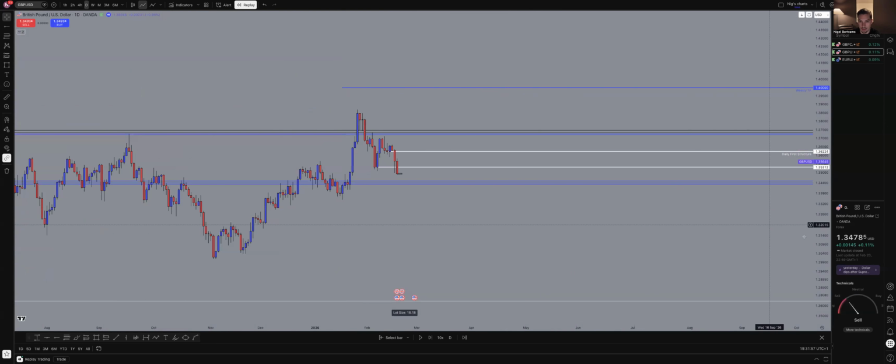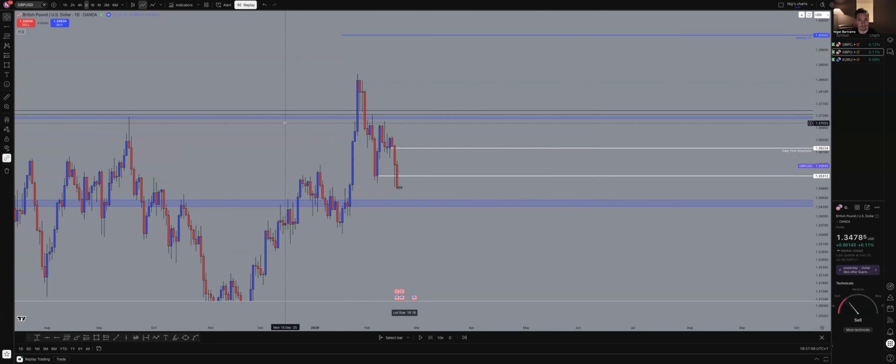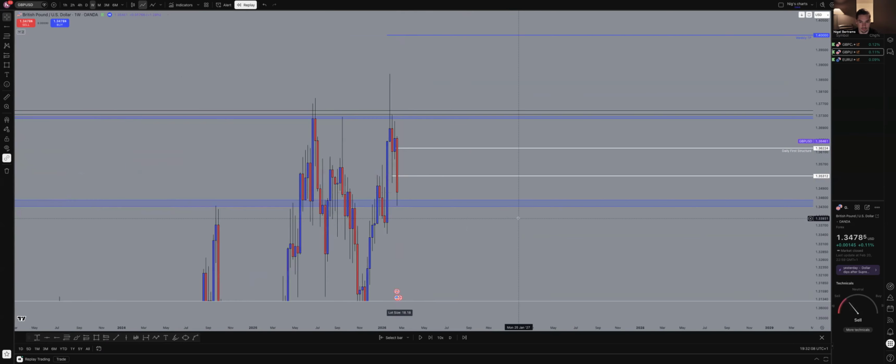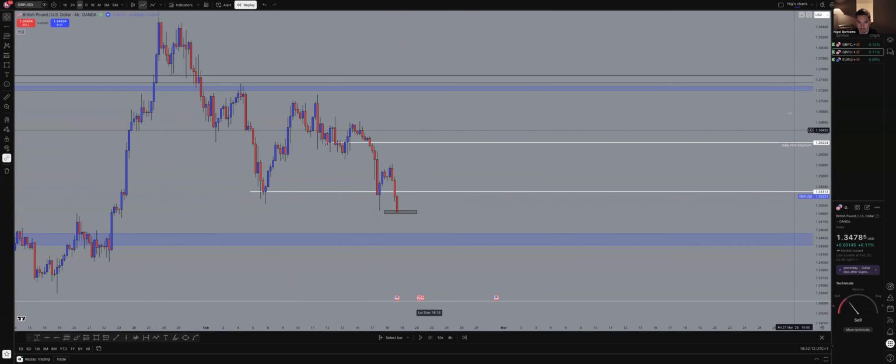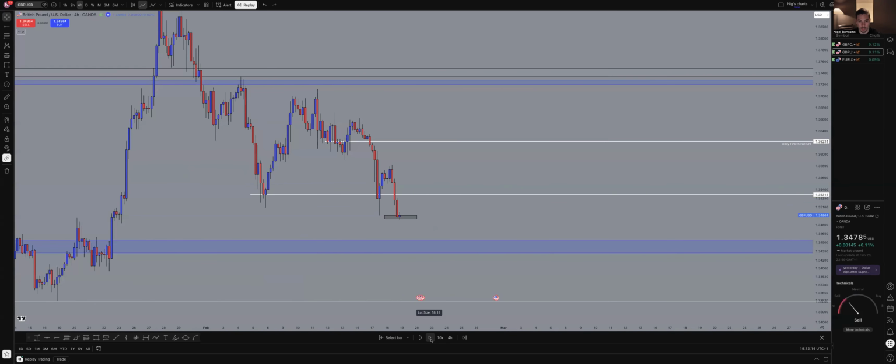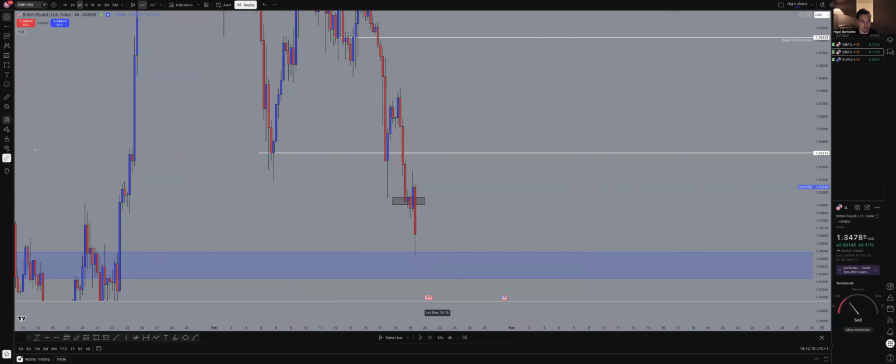Then, when I go to the daily, to take my fib for a potential fib completion, we don't have one yet. On the 4-hour, I was just waiting for this shift of momentum.